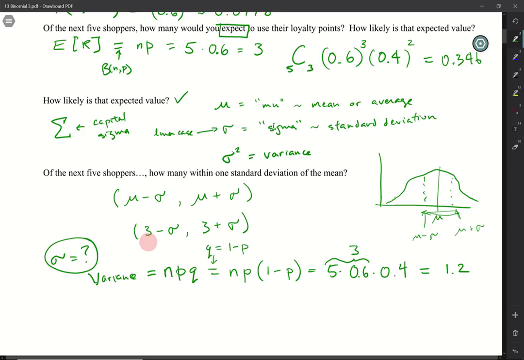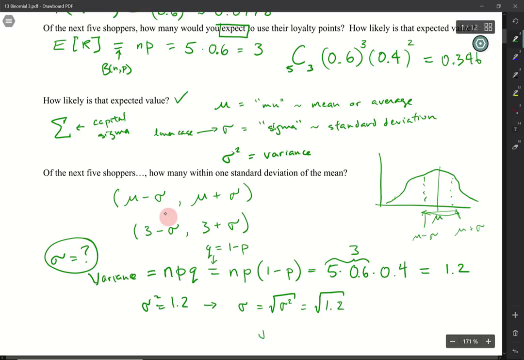Okay, so then that's the variance, and the variance, you have to remember, is the standard deviation squared. So sigma squared is equal to 1.2. So this means that sigma is equal to the square root of sigma squared, which in this case is the square root of 1.2.